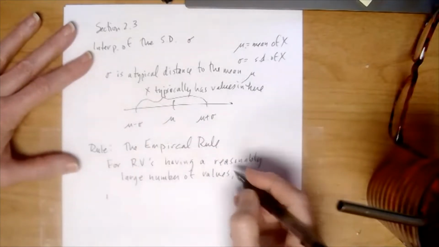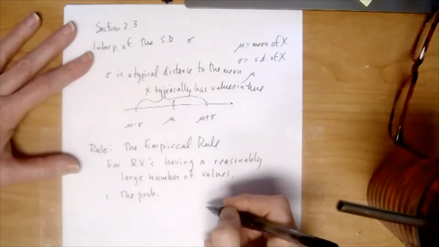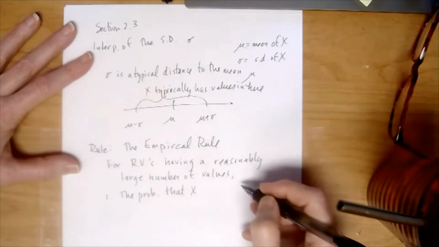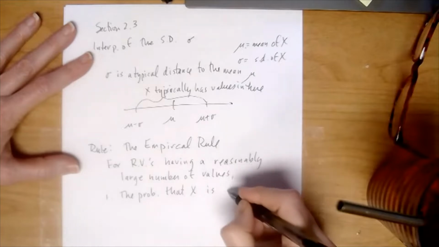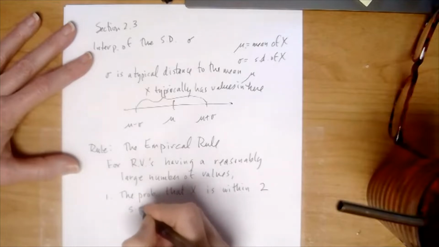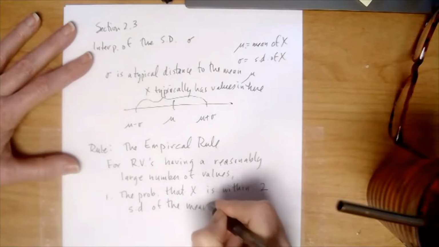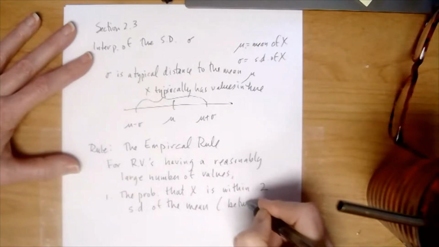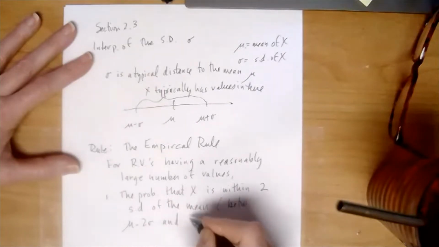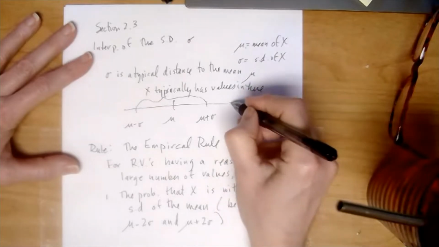One, all right, the probability that x, the random variable x, is within 2 standard deviations of the mean. In other words, between mu minus 2 standard deviations and mu plus 2 standard deviations. So down here, there's mu plus sigma.